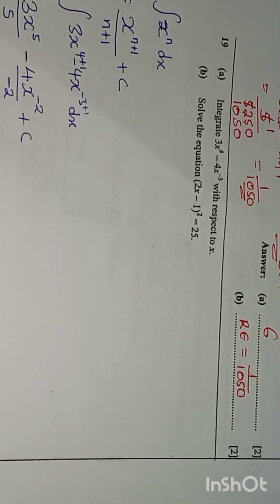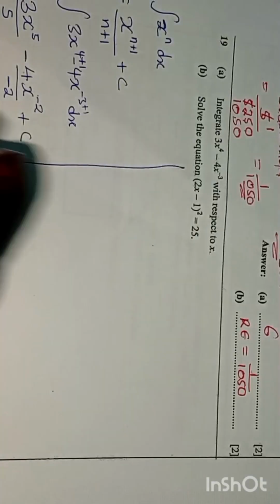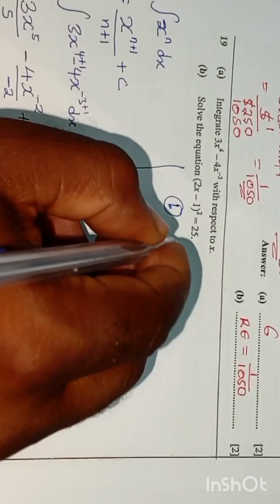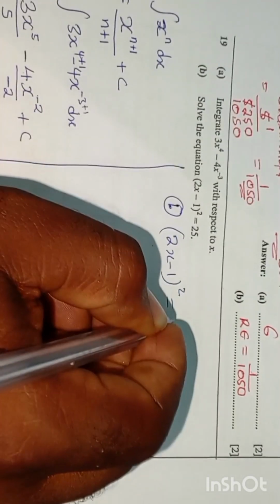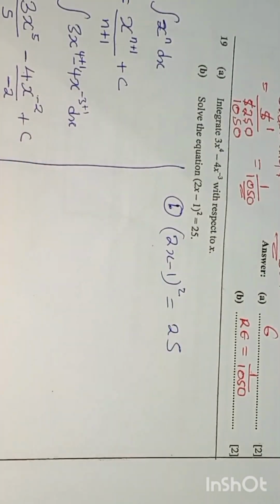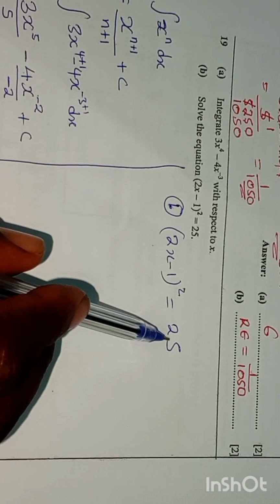Part B, solve the equation. Open bracket 2x minus 1 close bracket to the power 2 equals 25. So part B, 2x minus 1 to the power 2 equals 25. 25 is a perfect square number.